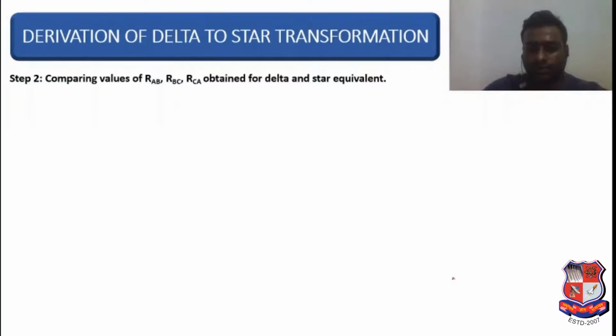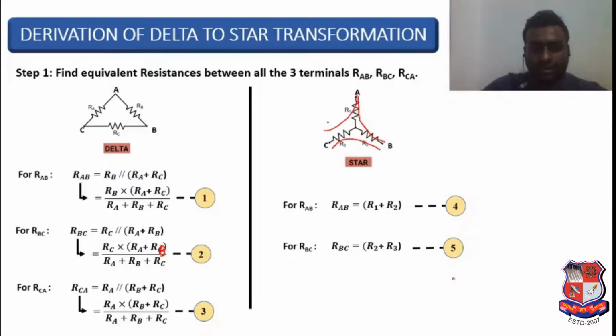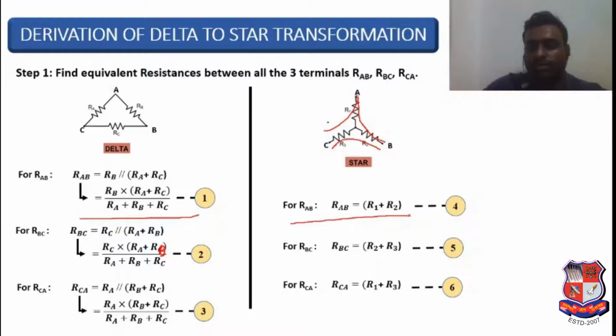We found in the previous case that over here is the equivalent circuit for RAB and over here is the equivalent circuit for RAB. So we have to compare these values and these values. Let us see.